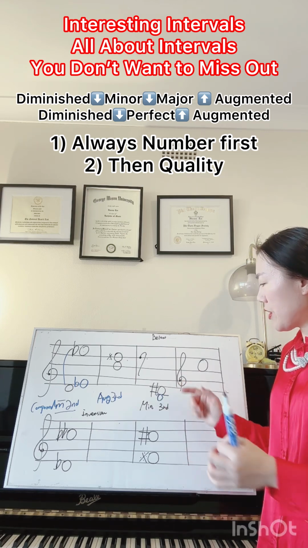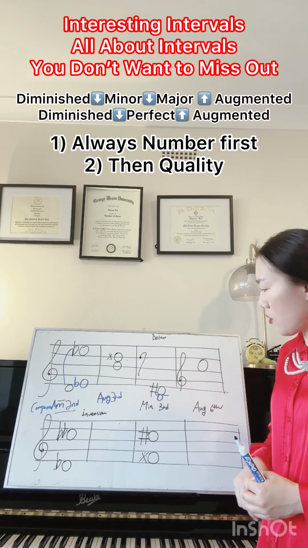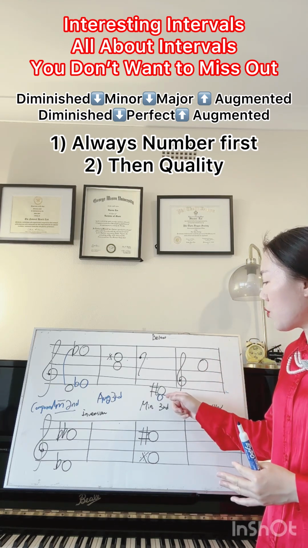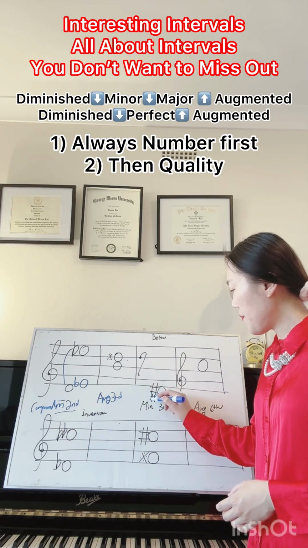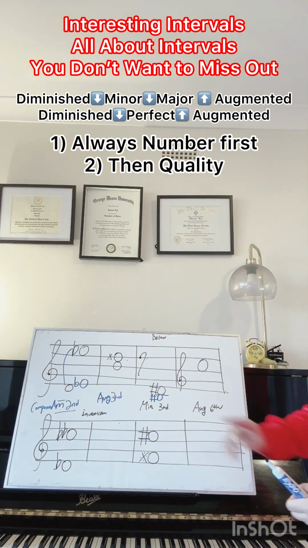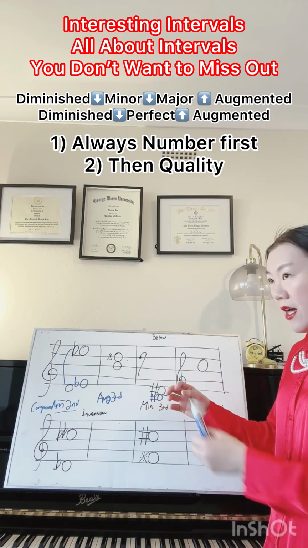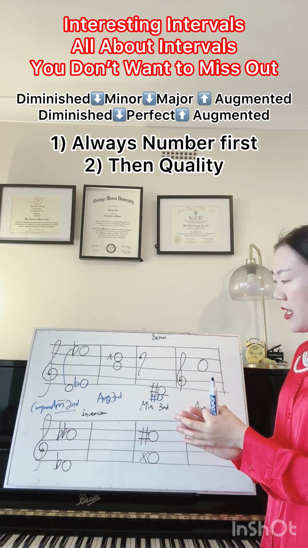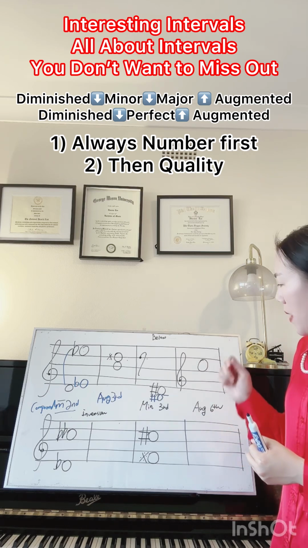When you have to reduce the distance, do you need to raise the lowest note or lower the lowest note? You have to raise the lowest note by a semitone. So you need a sharp. Without that it is a major third, but we have to turn it into minor, which means reducing the distance by a semitone from major. That's why we need a sharp to raise the lowest note by a semitone.